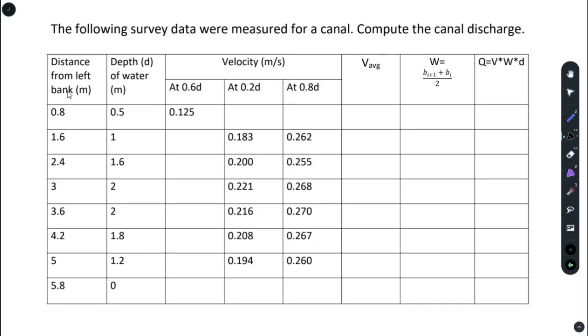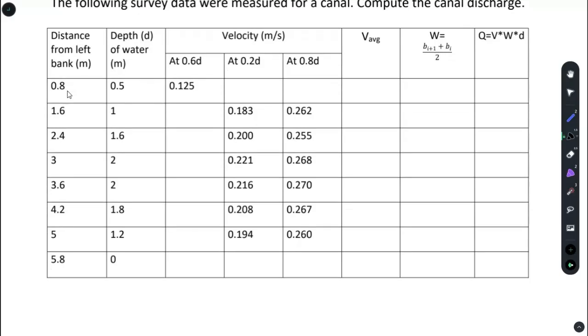So we take sections, and for each section, we take velocity measurements at different locations, mainly at 0.2d, 0.6d, and 0.8d depth, and we may have a uniform section, or maybe one of different widths. In this case, you will see that the width may not be uniform.